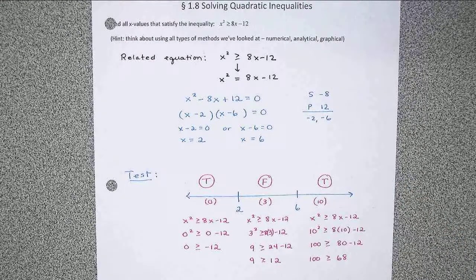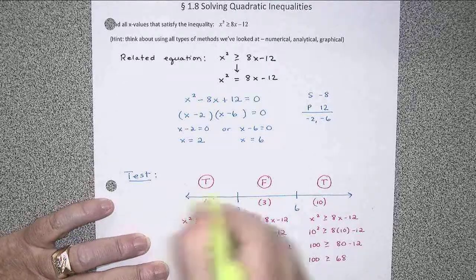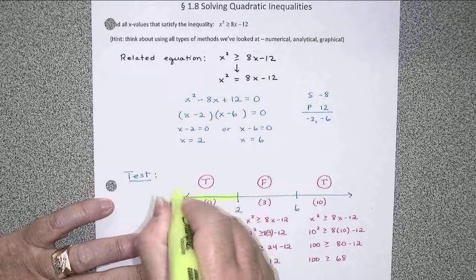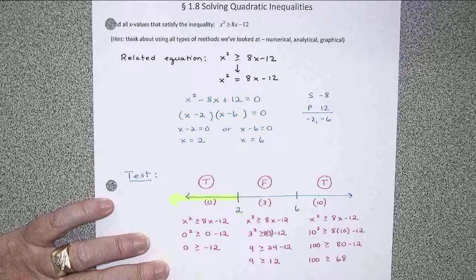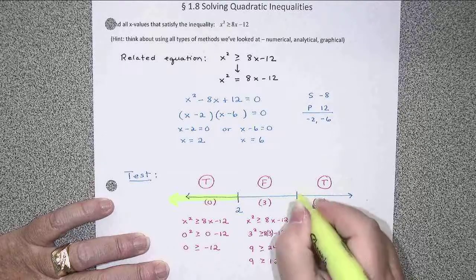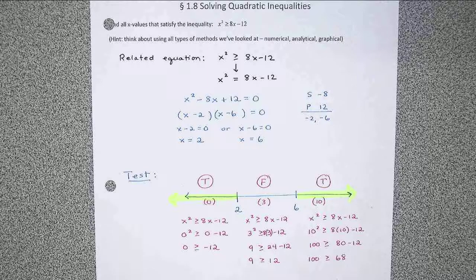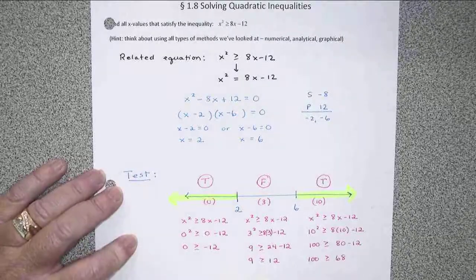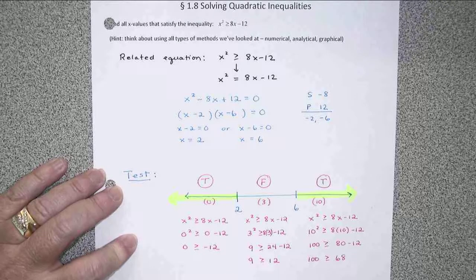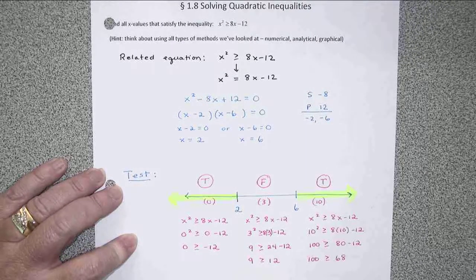So that's true. After having done the test, I can see that my inequality was true down here, from 2 down to negative infinity. And it was also true from 6 up this way, from positive 6 to positive infinity. There, then, are my final answers. Sometimes we use this little union sign to join them together.